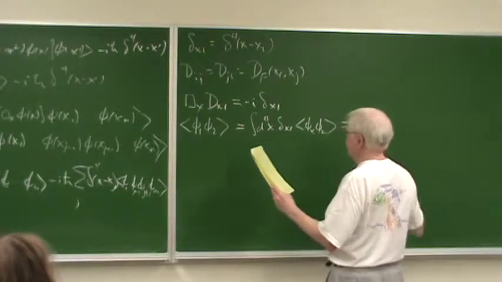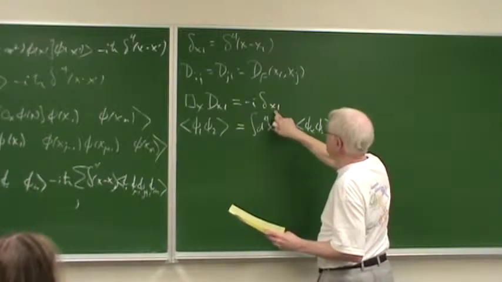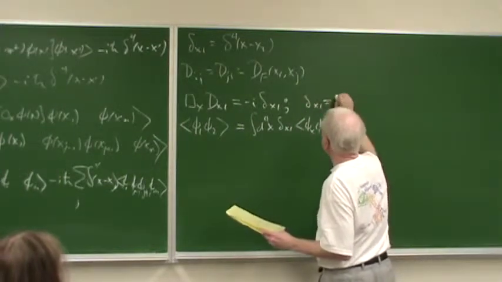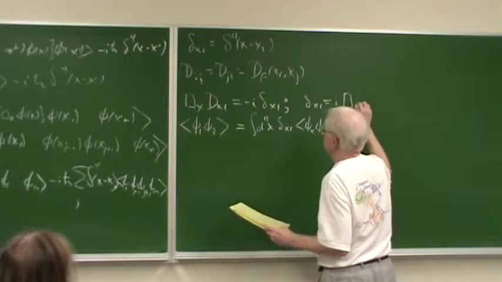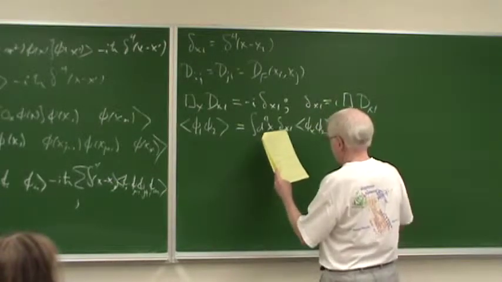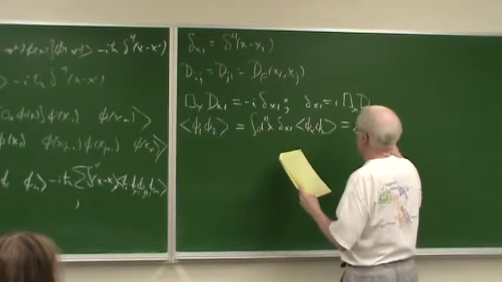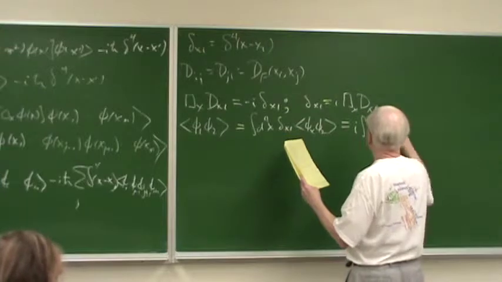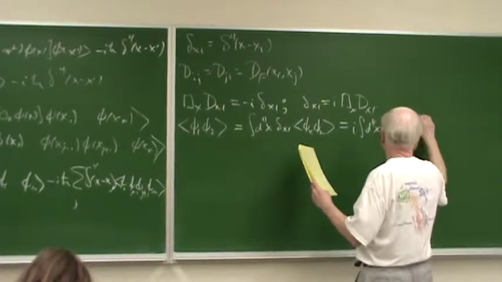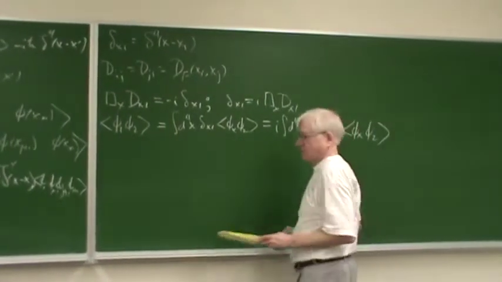Then we're going to write this as, well, delta_1 is i box_x D(x, x_1). So we're going to write this as i times the integral d^4x box_x D(x, x_1) <phi(x) phi_2>.